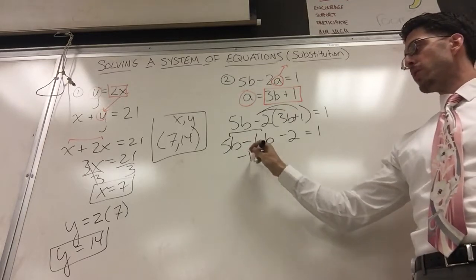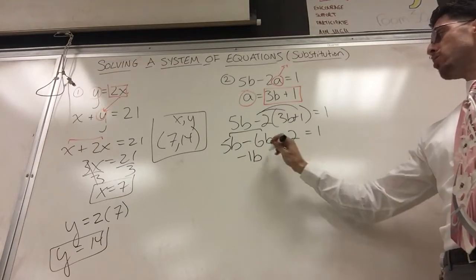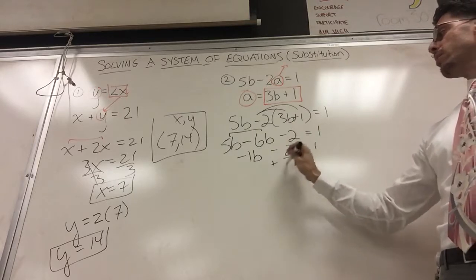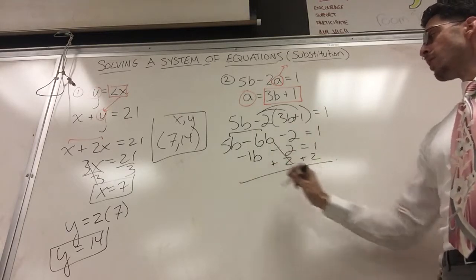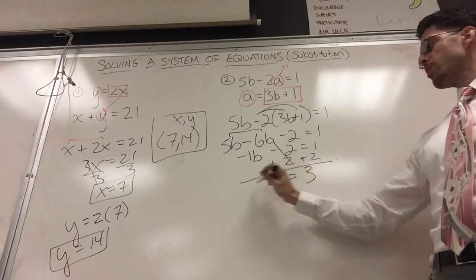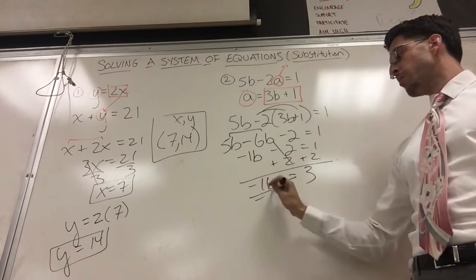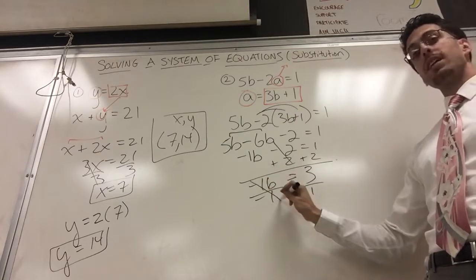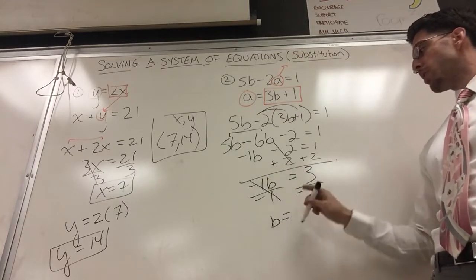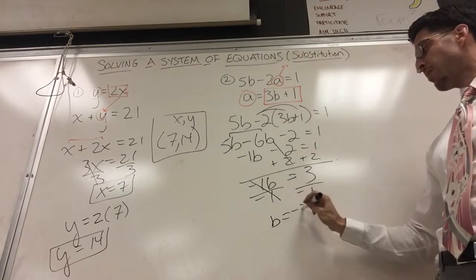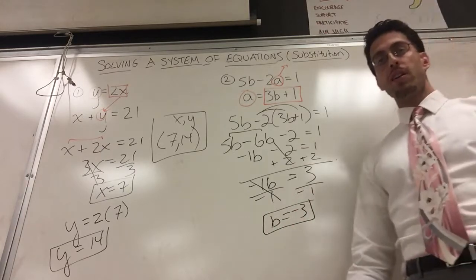I'm actually going to put the 1 there just so you don't forget. Minus 2 equals 1. Additive inverse. 1 plus 2 is 3 equals negative 1b. The reason I kept the 1 there, even though you don't need it, to remind you to divide by negative 1, canceling out, getting a positive b equals 3 divided by negative 1 is negative 3, and we are done.